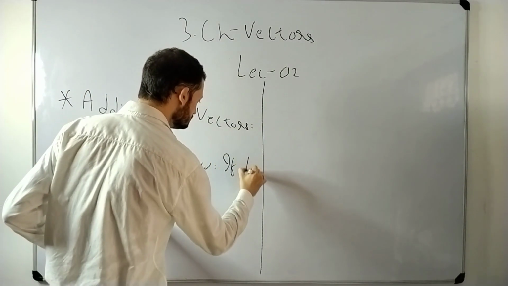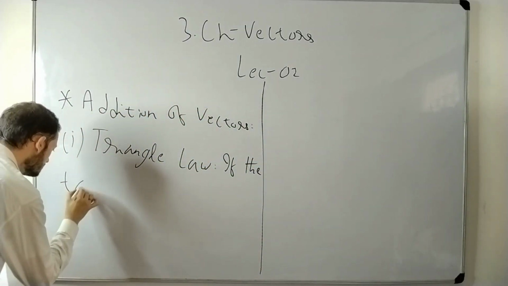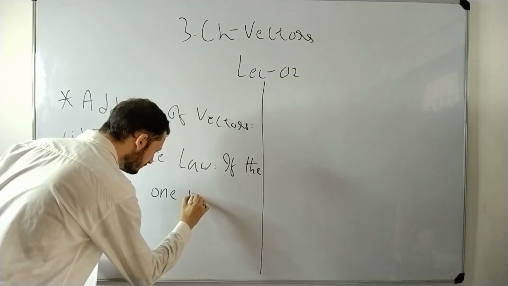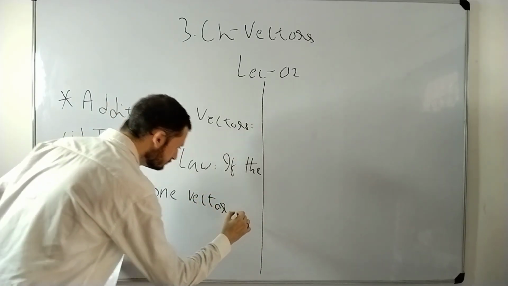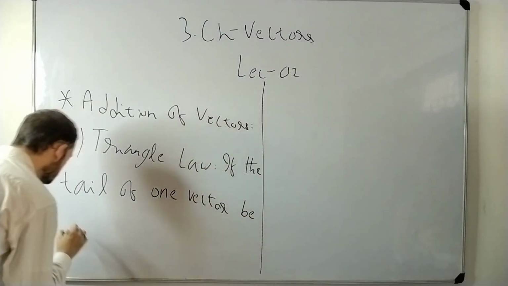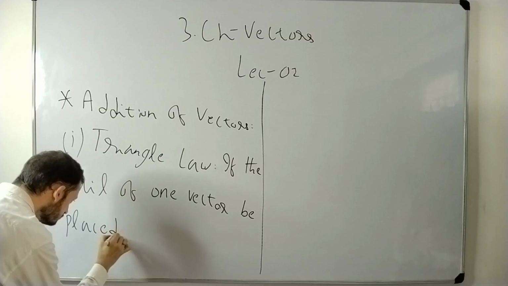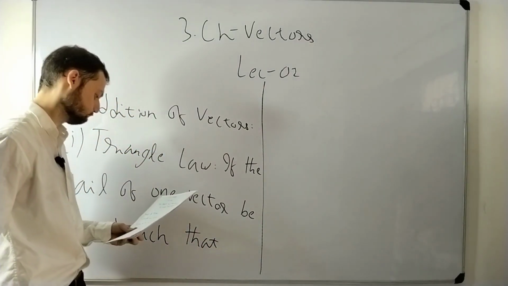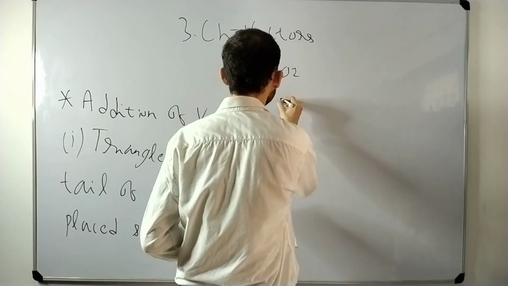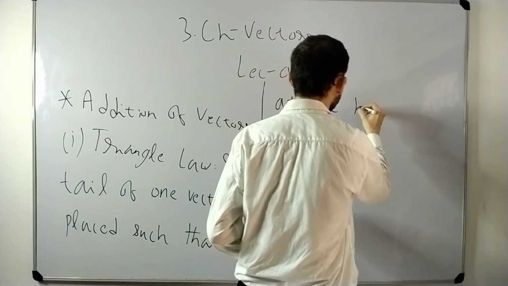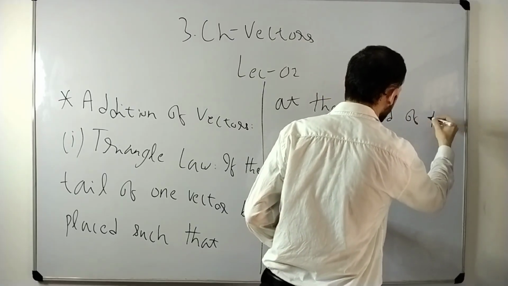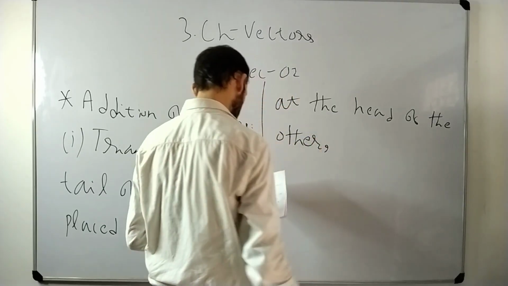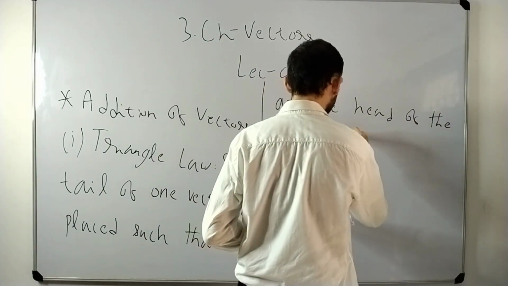If the tail of one vector be placed such that at the head of the other, then resultant R is drawn.